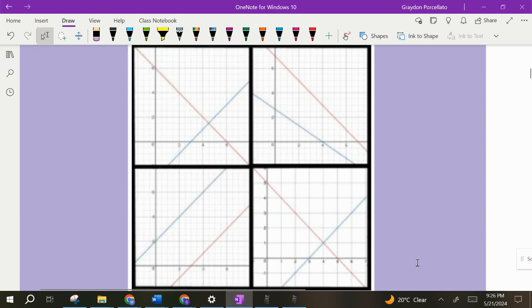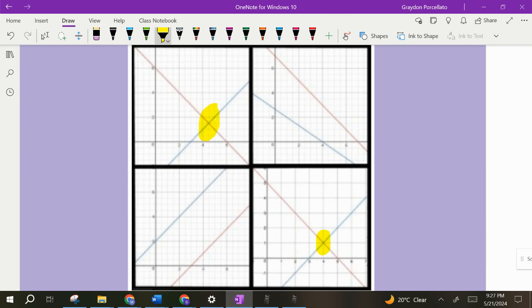Well, let's actually look at these ones first. Which of these have points of intersection that we can see? Think about it for a second. Well, yeah, our first one has a point of intersection, and our last one has a point of intersection.